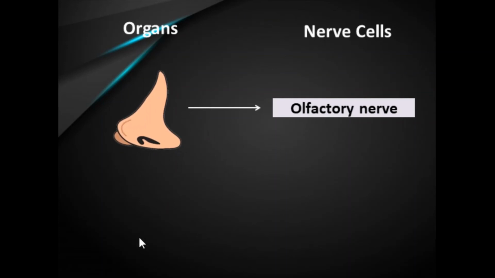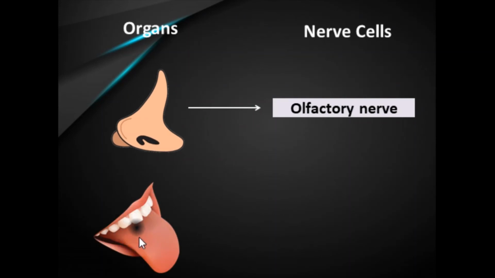After the nose, we also have this one. What organ is this? Good job. It's the tongue. And the tongue is for the sense of taste. We can sense salty, bitter, sweet, sour, umami because of our tongue.